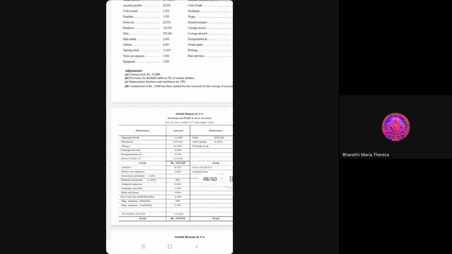So 2020. 2,400 divided by 12, for 1 month is how much? 200, right? So for 9 months, 1,800 is the prepaid insurance. You have to calculate like that. You have to deduct it from the current insurance premium 2,400. The net amount you have to write in the outer column.